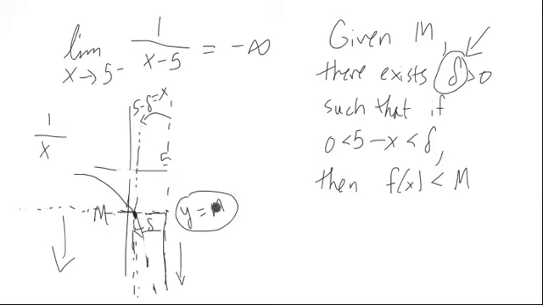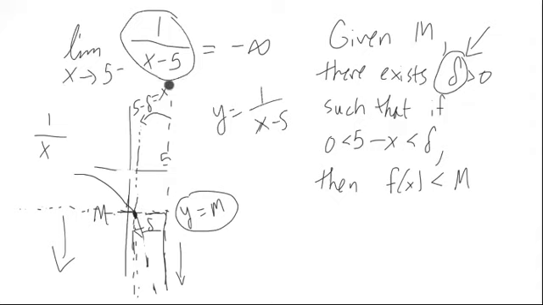Now, what relationship do we use between the y and the x value? Precisely the function itself, y equals 1 over x minus 5. This is the relationship between the x and y value because this point is on the curve of the function, described precisely by that intersection.